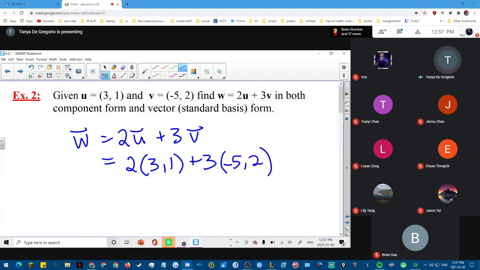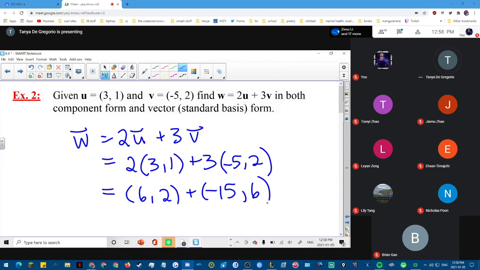So you guys tell me, what am I going to do here? I have to multiply what? Multiply into both. And now we're adding the two vectors, so just add the two components. So 6 minus 15 and 2 plus 6.